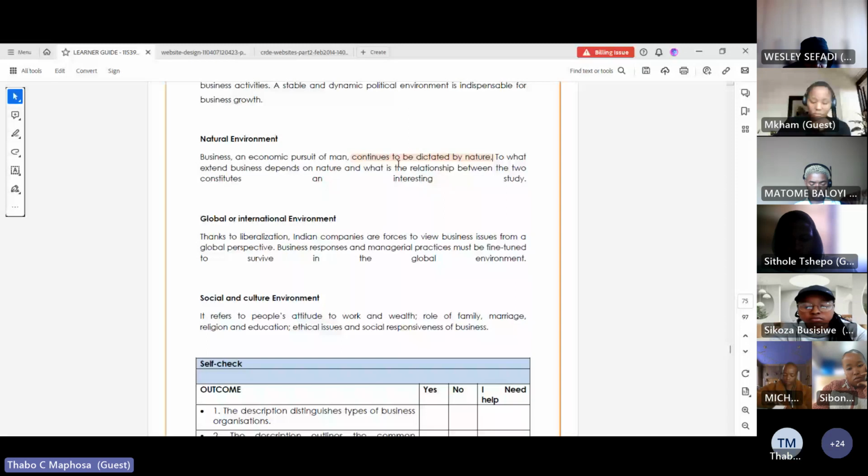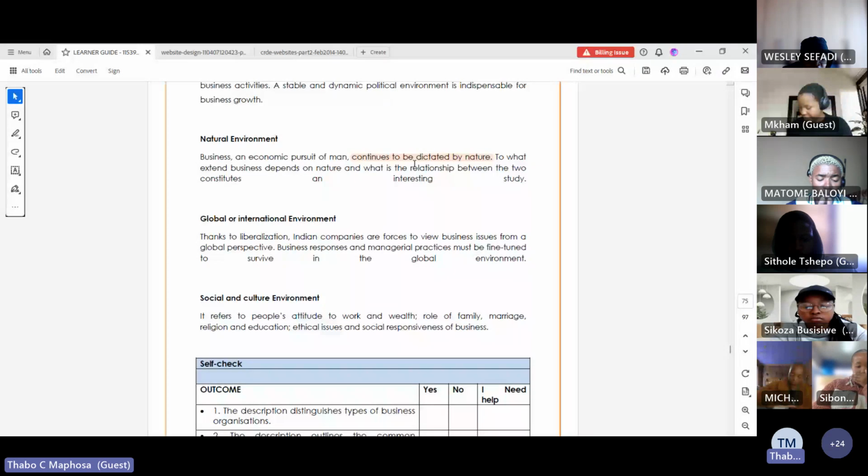For instance, if you are running a company as big as Google, and you decide to build your data warehouse, let's say, in Japan, and they're hit by an earthquake. That is nature literally dictating to your business. That is nature telling you, okay, you can plan as much as you want, but I can come in at any time.